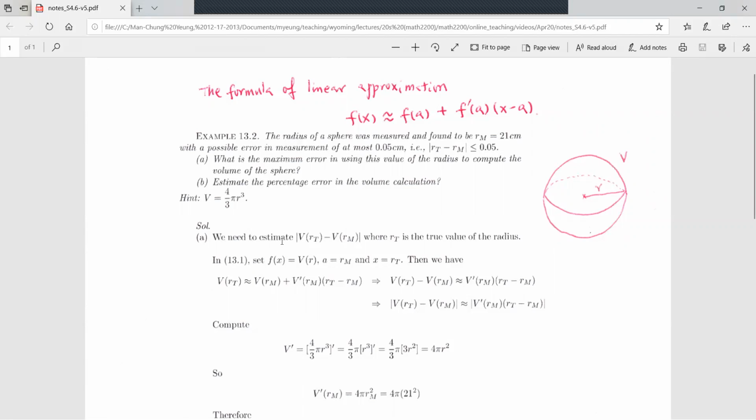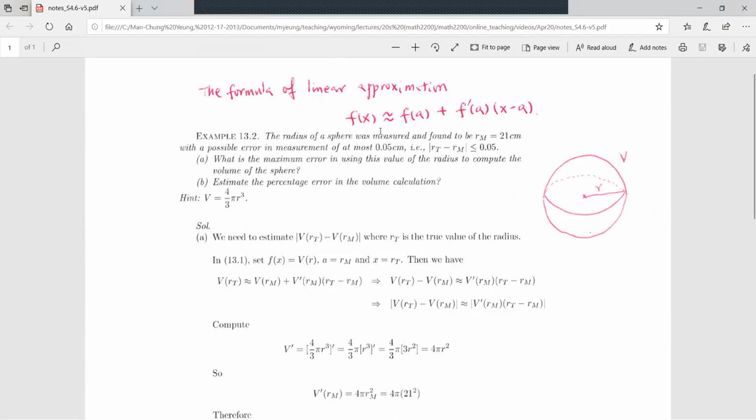Now, let me answer question A. We need to estimate this quantity, the absolute value of the difference between the exact volume and the volume computed by the measured value of the radius 21. I use the linear approximation formula to estimate this quantity.